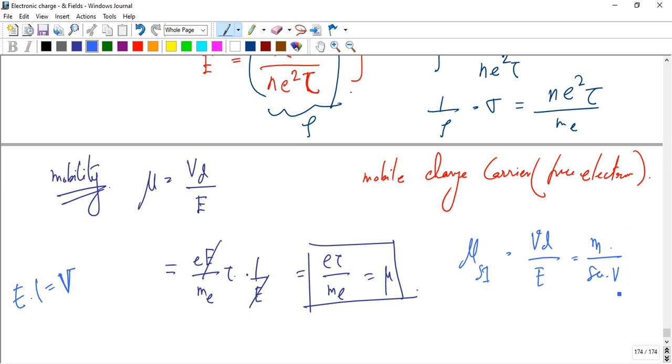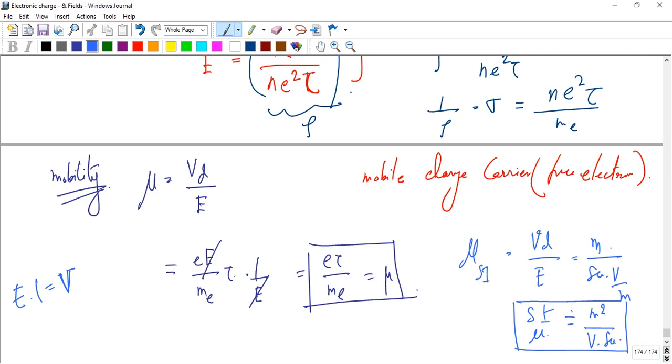So meter squared per volt second is the SI unit of mobility. Depending on the mobile charge carrier, electron is negative and proton is positive.